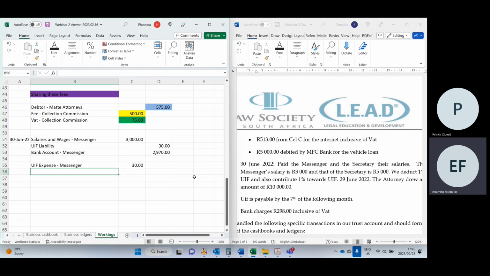So on drawings, there's no need for you to pay tax or UIF immediately because it's a drawing. The way that you account for tax as a sole prop, you account on profit. So at the end of each financial year, you compile your financial statements, you determine your profit, and you pay over to SARS. So I think it's provisional tax every 6 months.